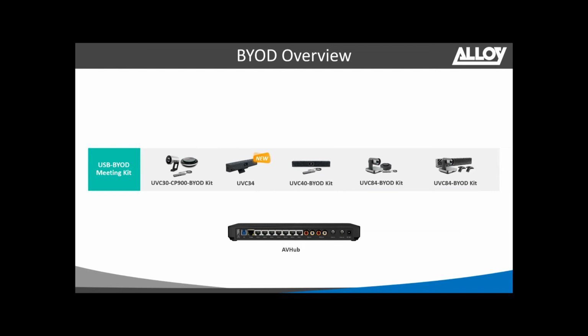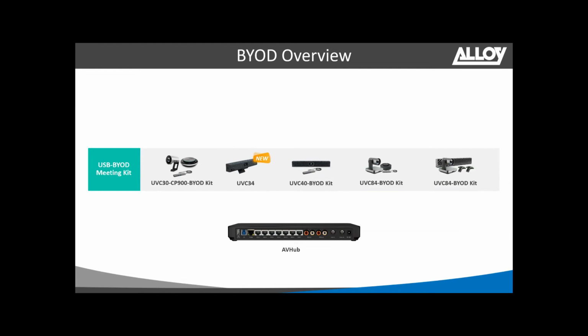Now, in these kits here, you can see that a lot of them have that BYOD box. The BYOD box is pretty much a USB hub, but it also supports video pass-through as well. There's an HDMI port on the end of the BYOD box that will connect to your PC.